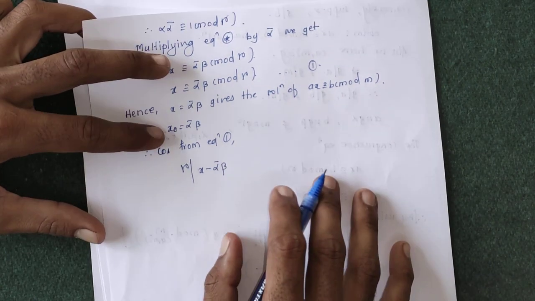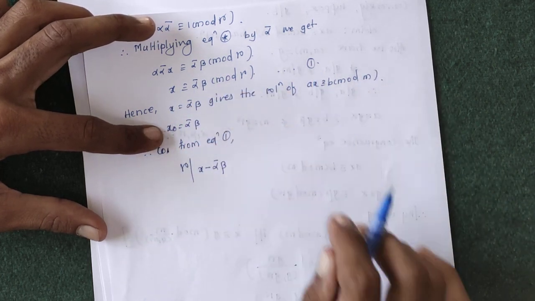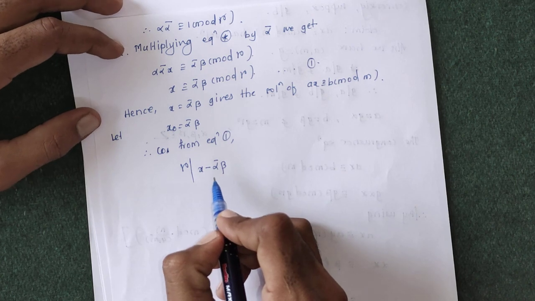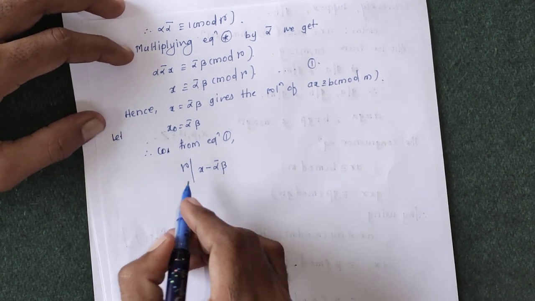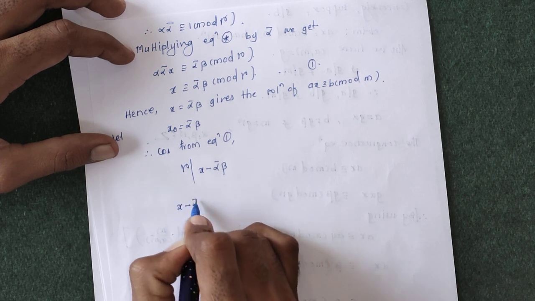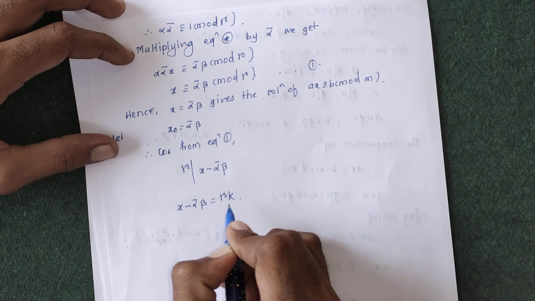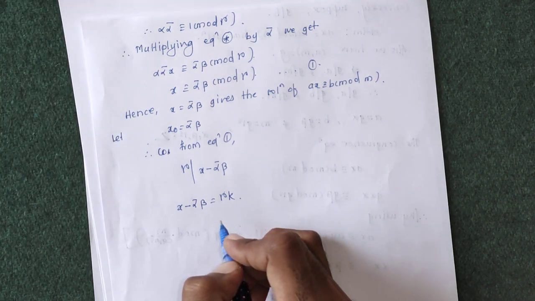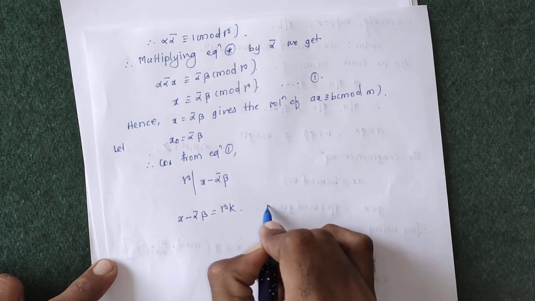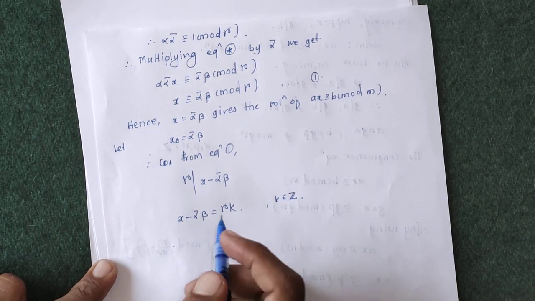Now using the definition of divisibility, we get x minus alpha bar beta equals gamma times some integer k, where k belongs to Z.